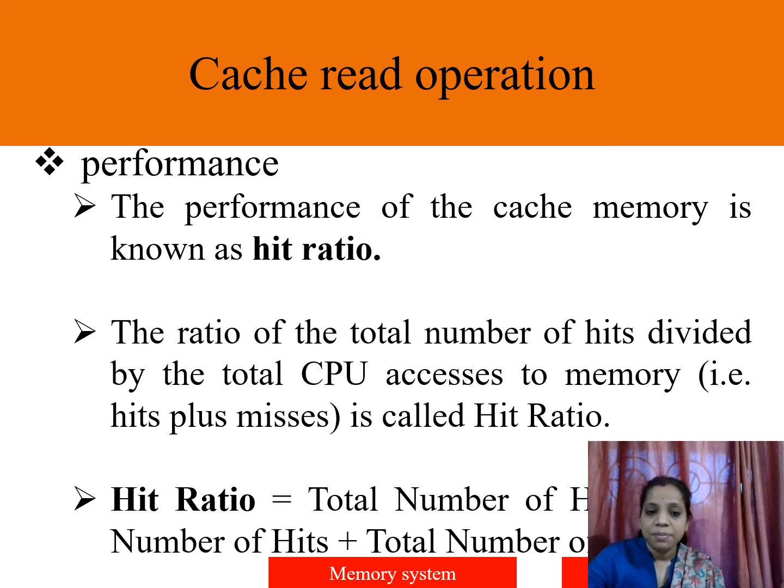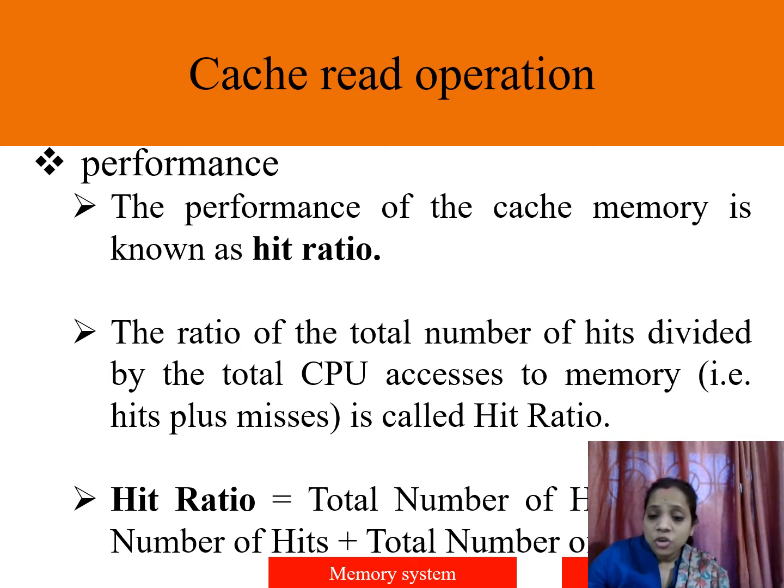I will give you an example. Just think, to access a word in the cache memory, the access time is 1 nanosecond. If it is found, then obviously the cache access time is equal to 1 nanosecond.